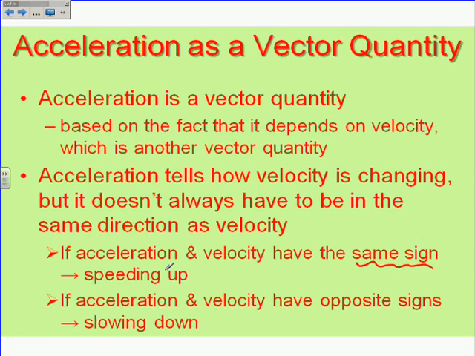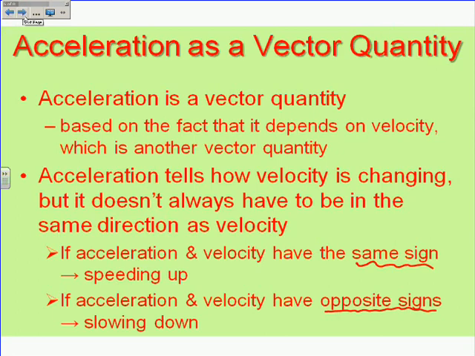But in class, we can illustrate the fact that it will also be the same effect if we have a negative velocity and negative acceleration. But if acceleration and velocity have opposite signs, if one's positive and one's negative, that results in a slowing down. In the case of the LabQuest that we just looked at, positive velocity, because it was still moving down the ramp, but negative acceleration resulted in the slowing down.